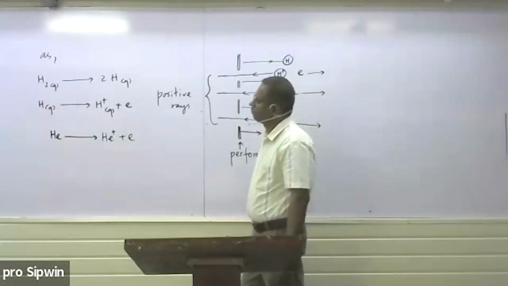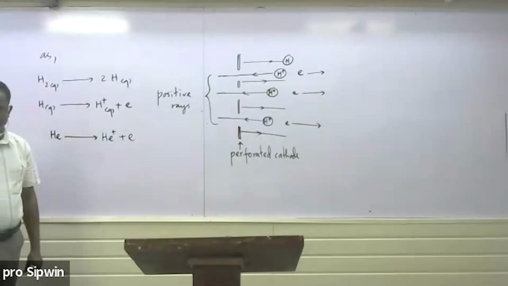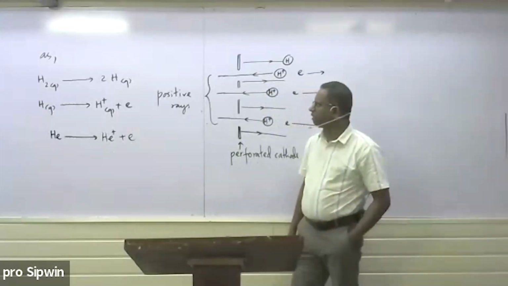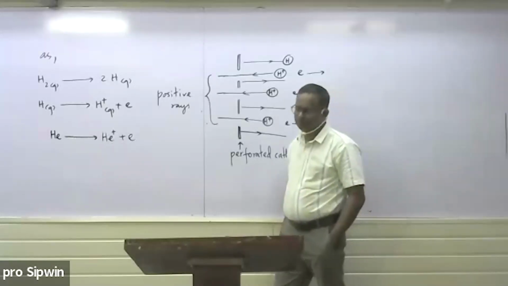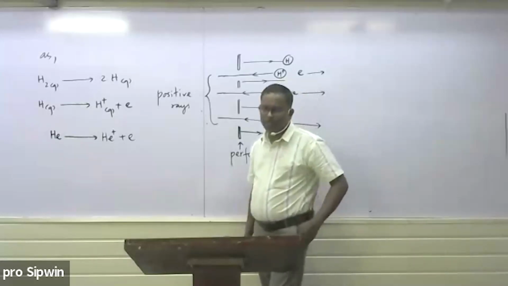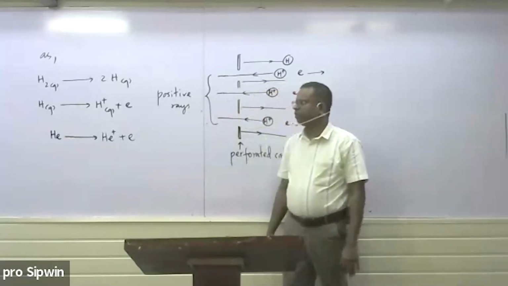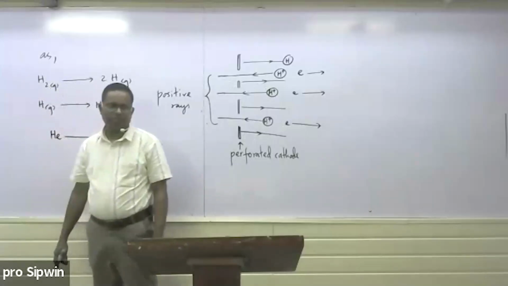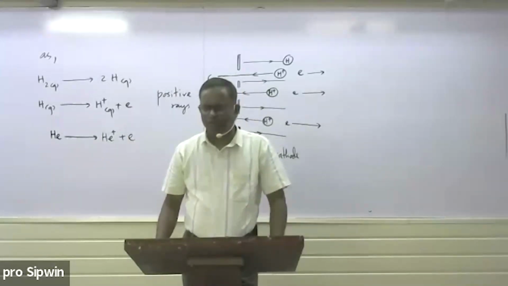Then write: forming positive ions as above start to accelerate to the direction of the negatively charged plate, within a bracket write cathode.